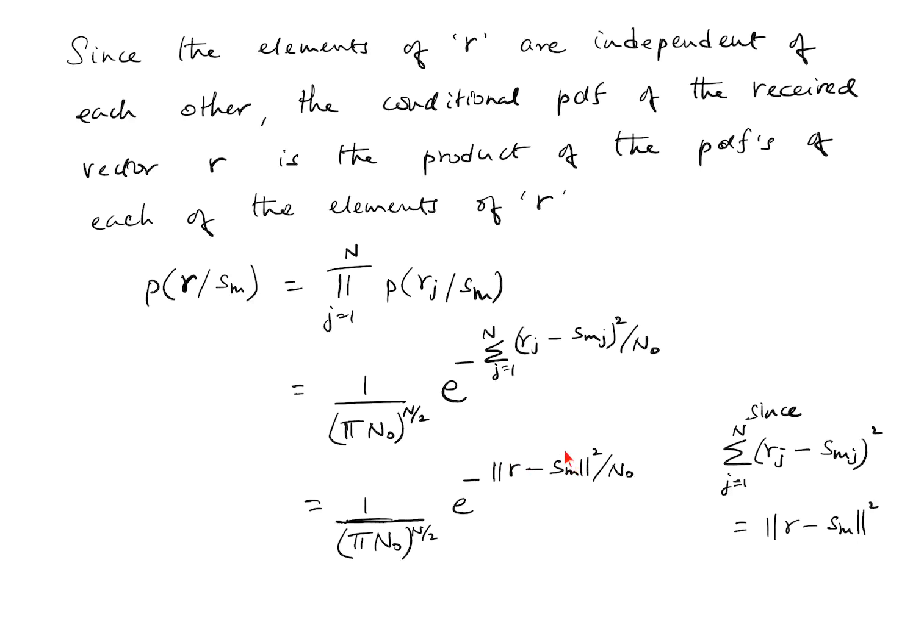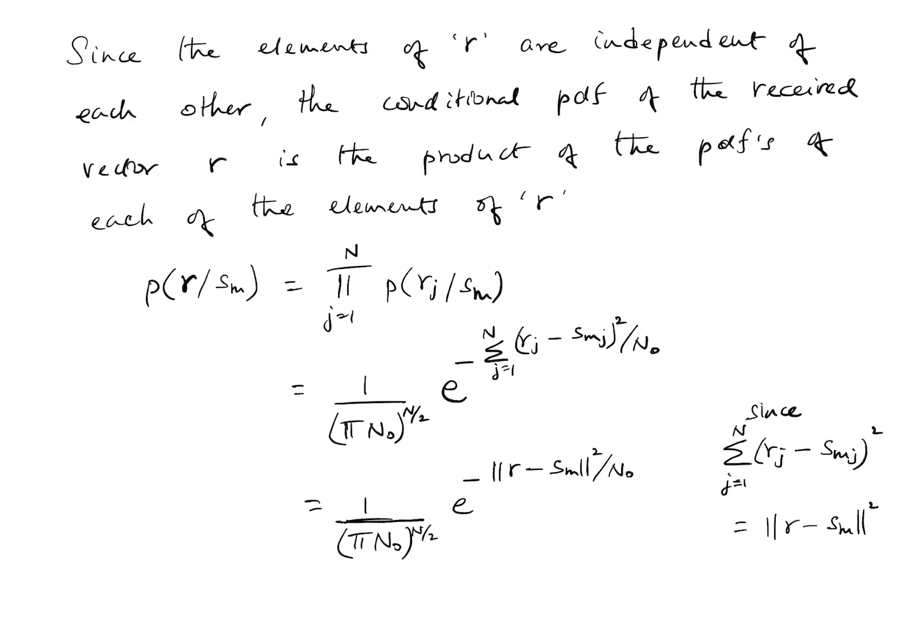We have M possible transmitted signals, and the detector must decide in favor of that transmitted signal which is nearest to the received signal vector, or in other words, the one which has a minimum Euclidean distance with the received signal vector. That would minimize the error probability of the detector.